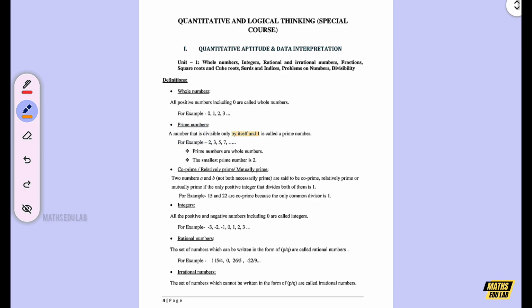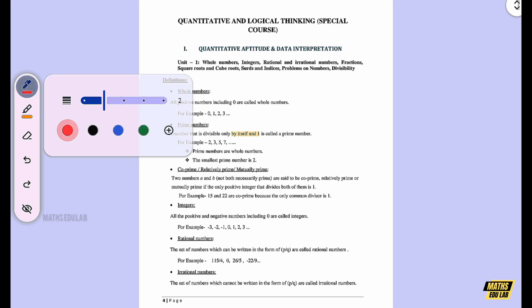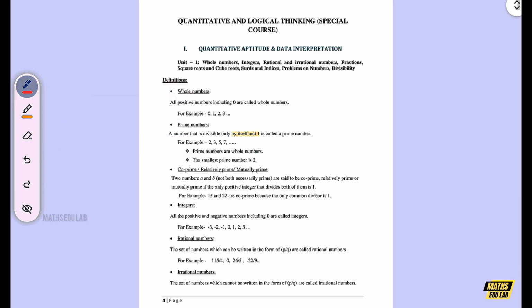Here are the examples given. Prime numbers are whole numbers. Why is it said like that? The whole numbers are the number line which I have drawn here. It starts from 1, 2, 3 and so on.